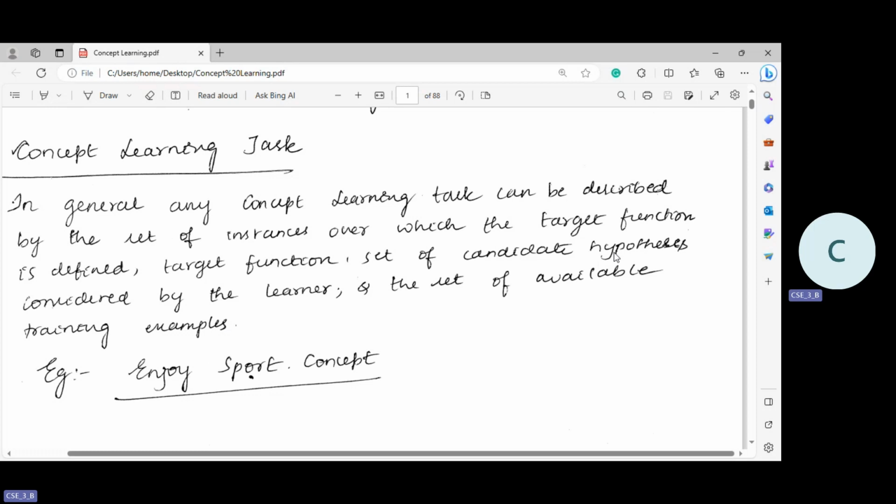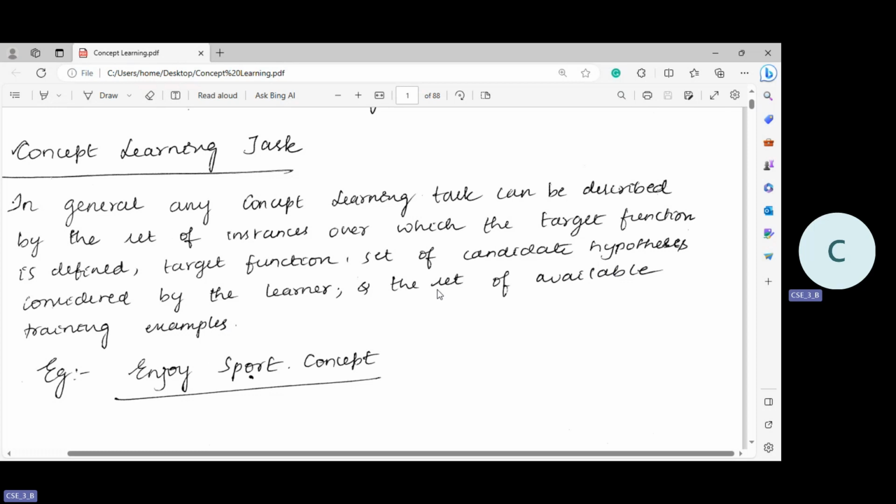Initially, with assumptions, we come up with some statements, the hypotheses. In the process of learning the concept, we come to know out of all these candidates which is the best fit, the hypothesis that best fits all the training examples.